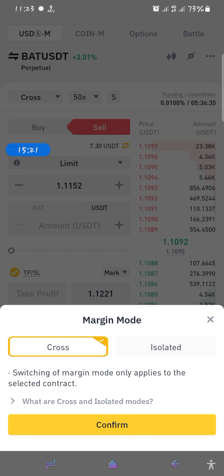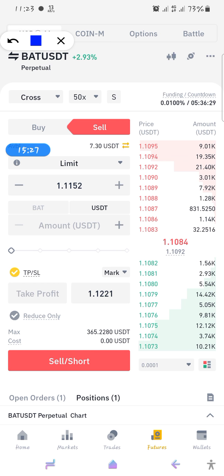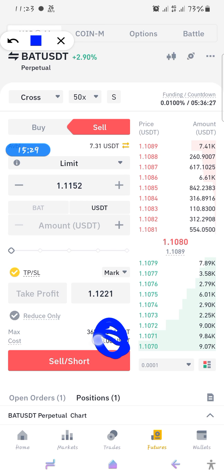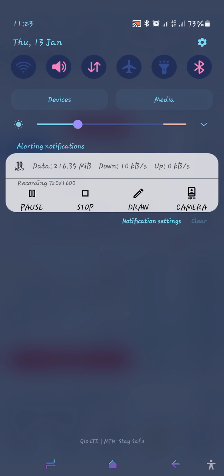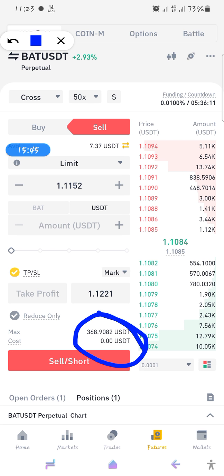When you're using cross, make sure you use a stop loss, because if you're not using a stop loss, all your funds are actually at risk, not only your spend here. But according to the signals I send on crypto, if you are using cross, don't be scared.